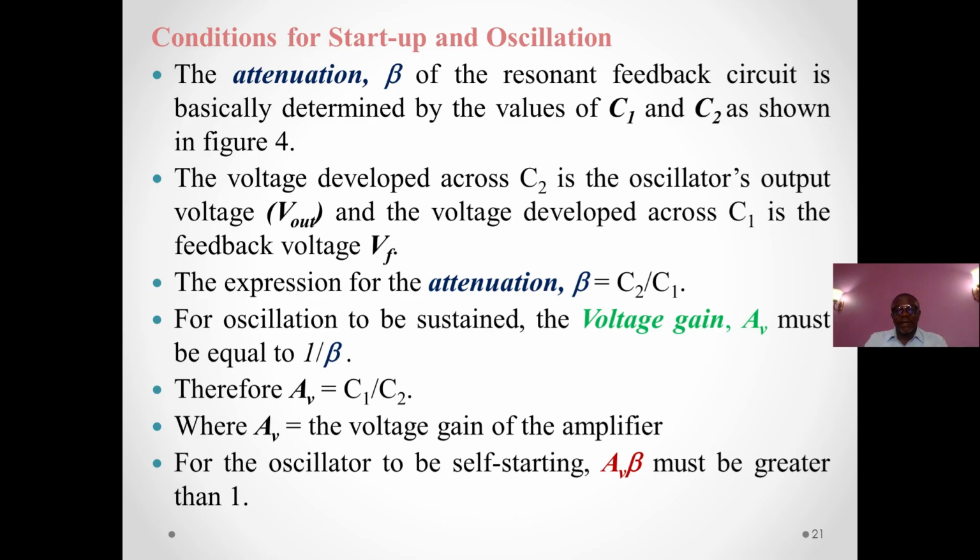We have said it, for the thing to start, the gain must be greater than 1 until it gets to the point where it is stabilized at 1, so that the output is maintained at the same magnitude and periodic.